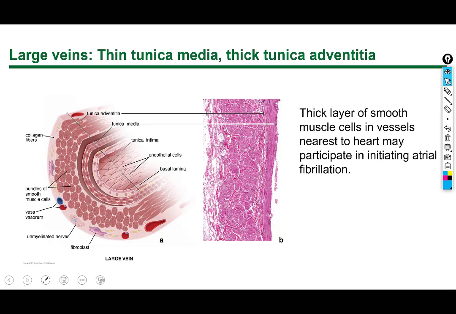There is some evidence to suggest that atrial fibrillation, which is the quivering of the atria, a dysregulation of the electrical signal in the atria, might be intermittently disrupted in part due to the smooth muscle cells in the vessels nearest the heart, for example.